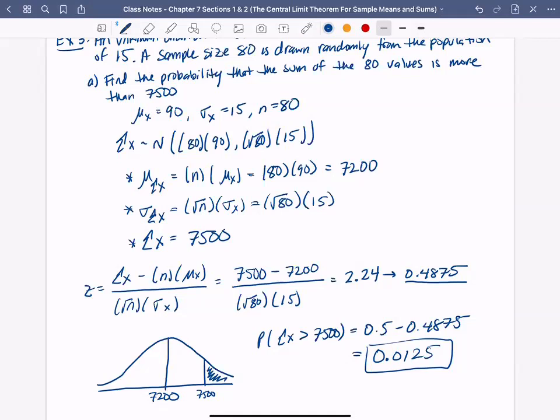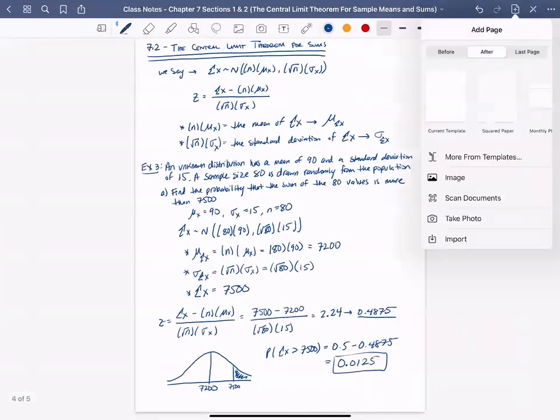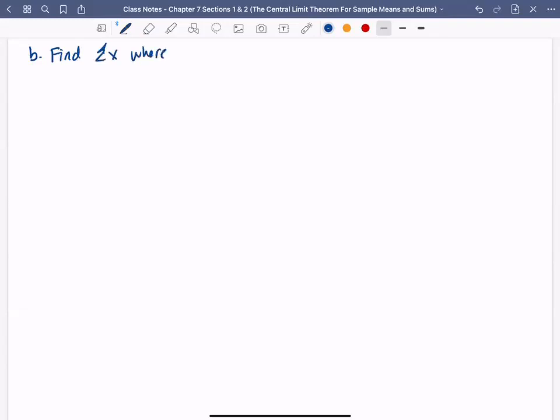All right, so let's do one more with this problem. I ran out of room here on this page, so we're just going to have to go over to the next page. So let's find summation of x, so let's find this data point where z is 1.5.